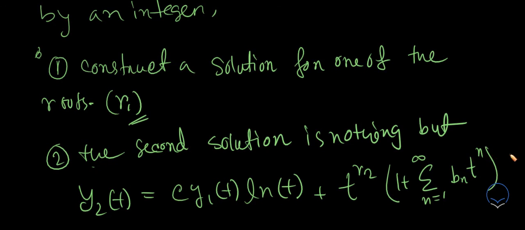Again, these b's are the coefficients that you calculate, and this c is an arbitrary constant.